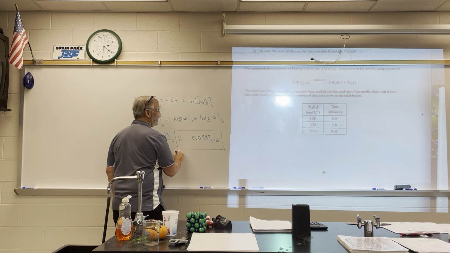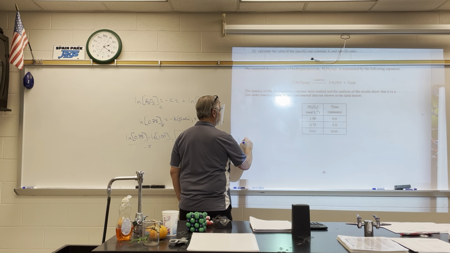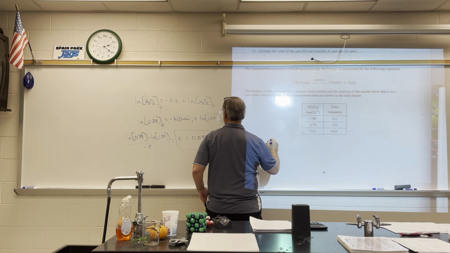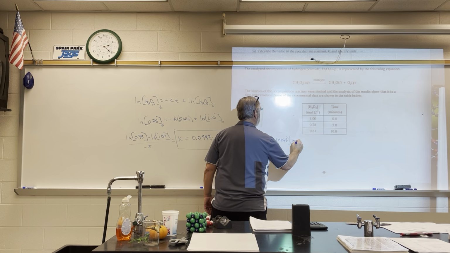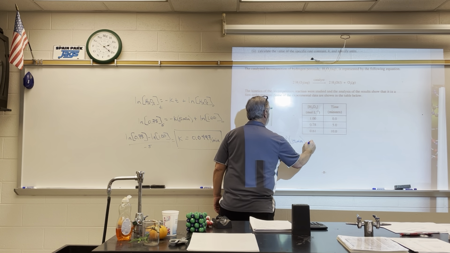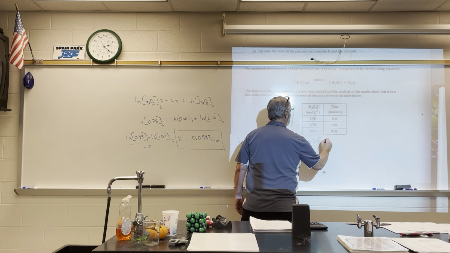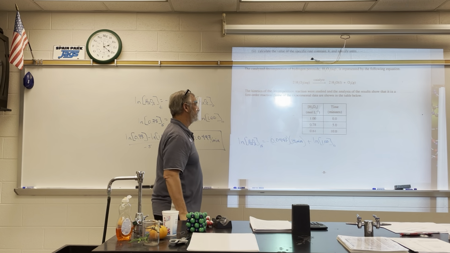So the natural log of concentration H2O2 at 15 minutes is going to equal negative K, 0.0497 times 15 minutes plus the natural log of 1. That's the initial concentration.